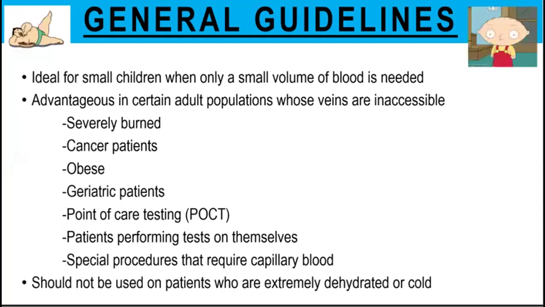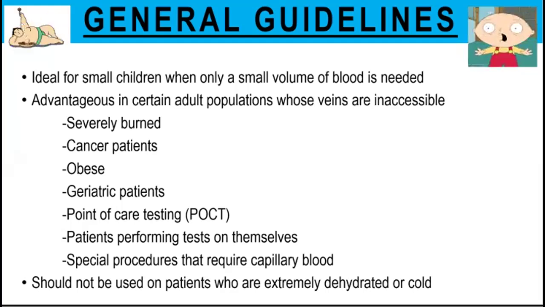Next is cancer patients. Usually, cancer patients on chemotherapy have their veins reserved for therapeutic purposes. Next, obese patients usually have veins that are too deep, so we have difficulty performing venipuncture. If only CBC is requested, we can proceed with capillary puncture.